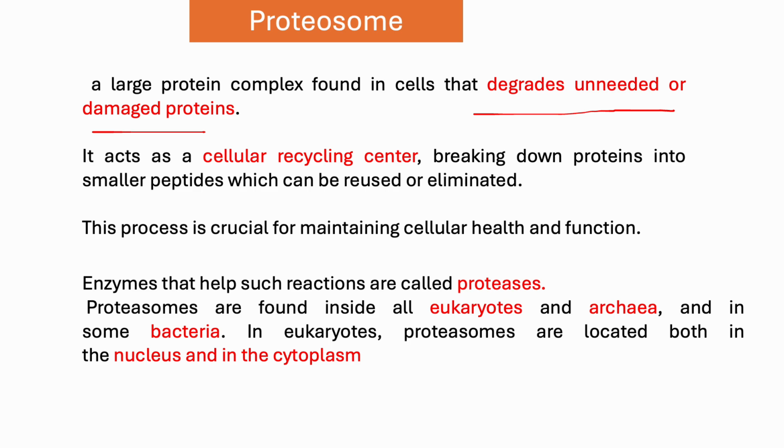As I told earlier, when polyubiquitin is attached in a linear way on a misfolded protein, it is brought into the ubiquitin proteasome system, and the proteasome, with the help of protease enzyme, degrades it into smaller amino acids. That's why it is called the cellular recycling center. With the help of proteases they degrade the misfolded protein into smaller amino acid residues, and it is present in the nucleus and cytoplasm.